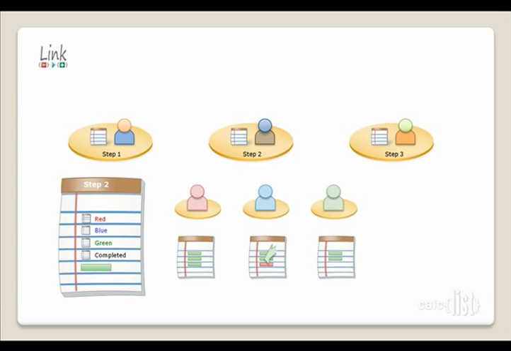When Green has completed his job, he removes the member from his list. It goes into the completed list and sends a completed email to Brown. Brown then removes the member from his list, and it's added to Orange's list.